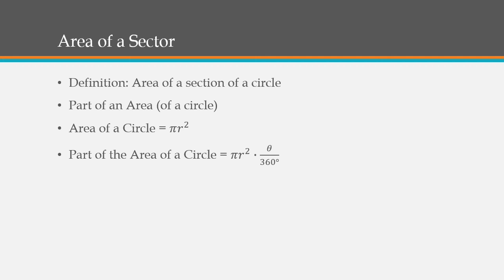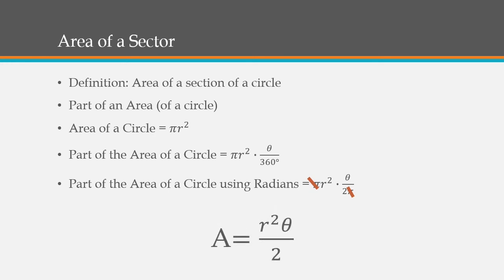So part of that would be pi r squared times the angle over the entire circle. This is in degrees. Let's see what it looks like in radians. In radians, we have pi r squared times theta over 2 pi. If we simplify this, we get r squared theta over 2. Now the area is A, and the theta must be in radians.